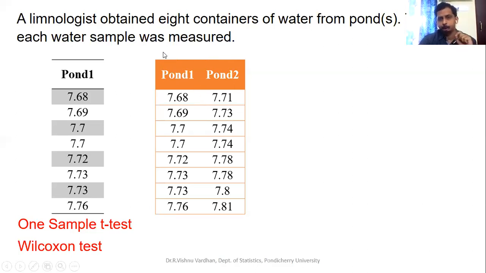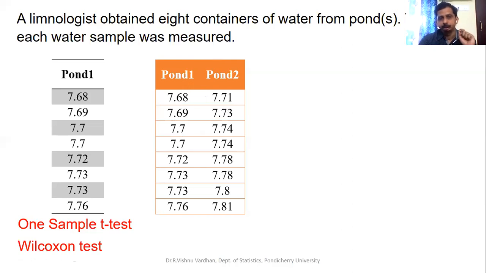Suppose the alternative here comes as mu1 not equal to mu2, meaning there is a chance that the average pH concentration might vary between pond 1 and pond 2.